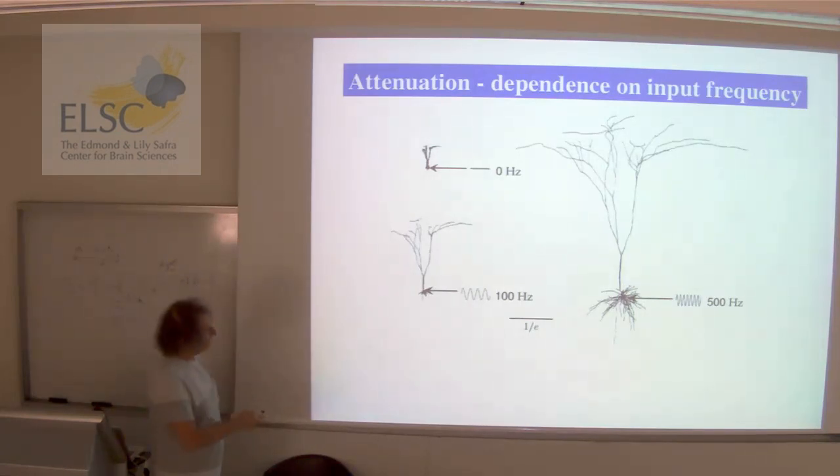If this is the electrotonic length of a cell in steady state, the same cell would electrotonically look different depending on the input frequency. For example, if I inject a 100 hertz sine wave into the cell body, the attenuation, in units of 1 over e, will become more and more pronounced, because of the capacitance, as the input frequency increases.